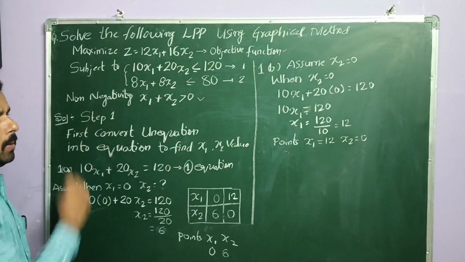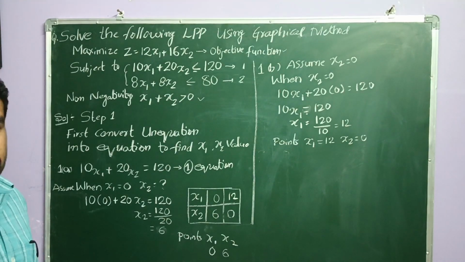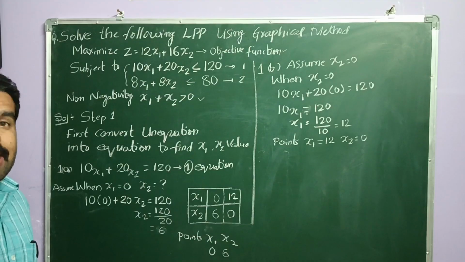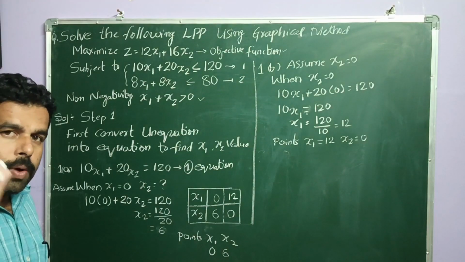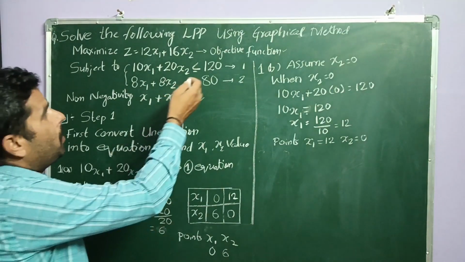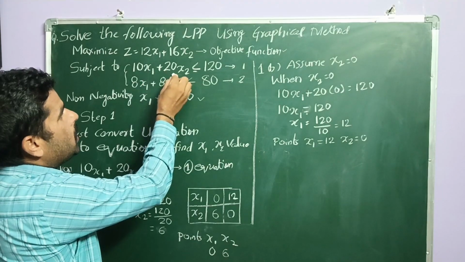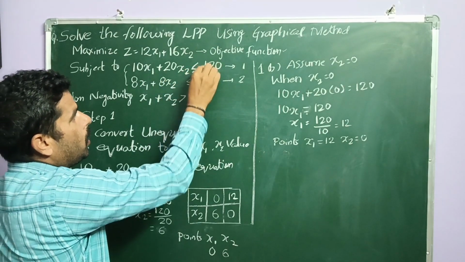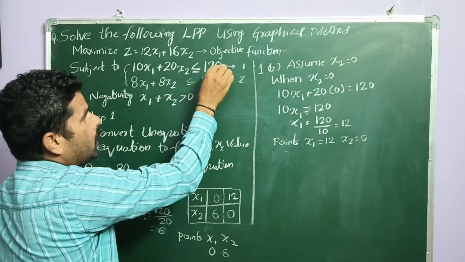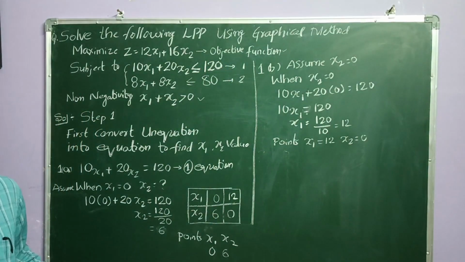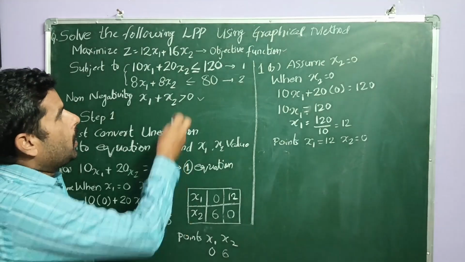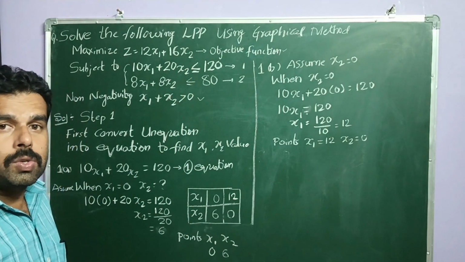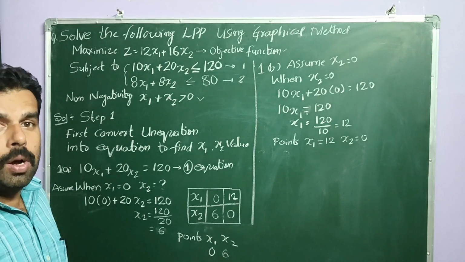There are four steps: step number 1, step number 2, step number 3 and step number 4. In the first step we need to perform the equation. In this problem, 10x1 plus 20x2 has a less than or equal to sign, less than or equal to 120. When the less than or equal to sign is given, the problem belongs to the maximization problem.